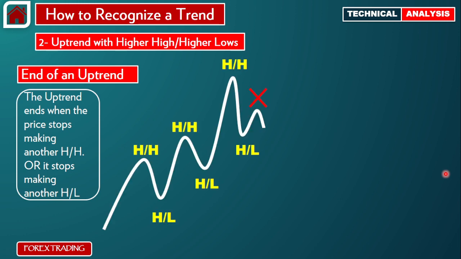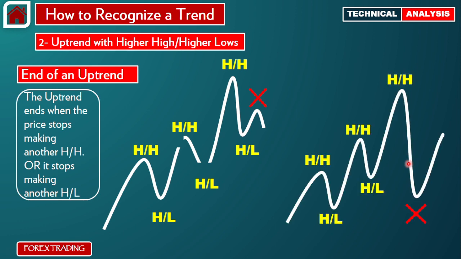Here we are in an uptrend market where it's making higher highs and higher lows over here, one cycle, and then it makes this higher high and this higher low, but then it stops making another higher high, which fulfills our one condition, that it stops making another higher high. Okay, now let's look at the higher low.